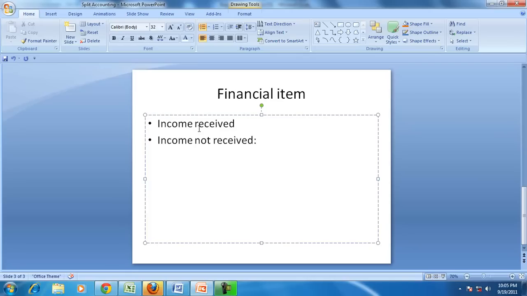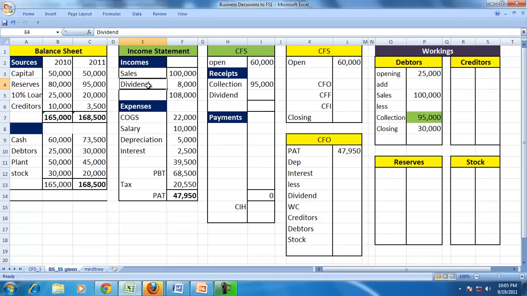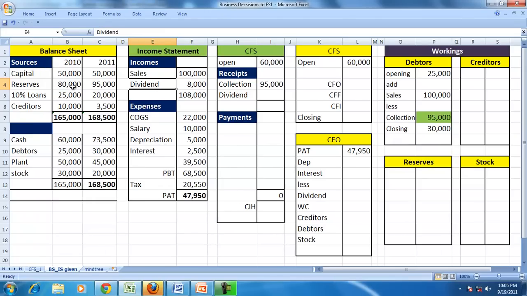If not received, that will be there in the balance sheet on the asset side, and if it is a receipt, it is a cash inflow. So there is an income, but there is no asset for dividend. On the asset side, there is no dividend receivable. So therefore, entire dividend is received during the period.